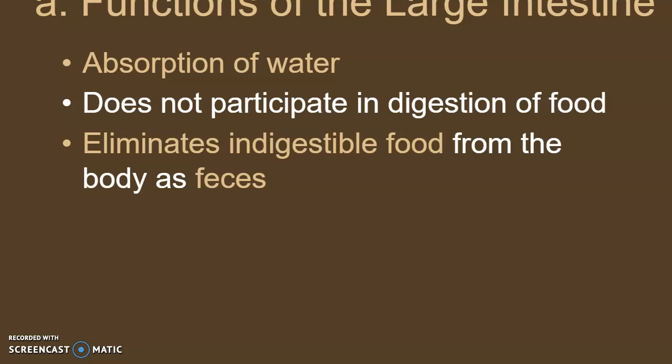But the large intestine does an important job with the absorption of water, because this helps your body maintain homeostasis. If you don't absorb enough water back out of that fecal matter, then you could become dehydrated, because it's a balance of water in your body and the balance of water in the fecal matter.